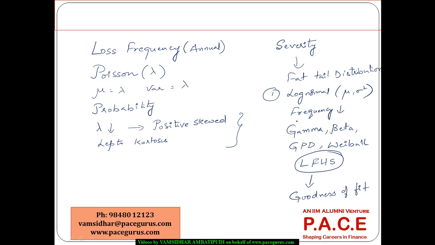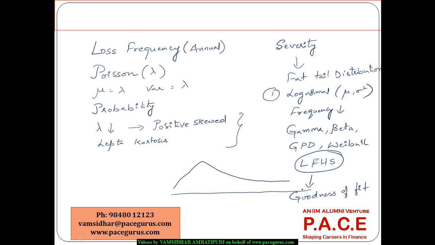But the common thing is, at least I will not use normal distribution here, because I am very much convinced that the data should be fat-tailed in nature, and it can't be a normal distribution, because the loss data are more and more fat-tailed. So I need extreme losses coming up. So some kind of a positively skewed distribution is very much essential for modeling the severity of the losses.